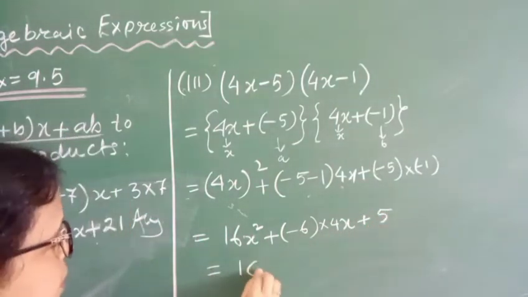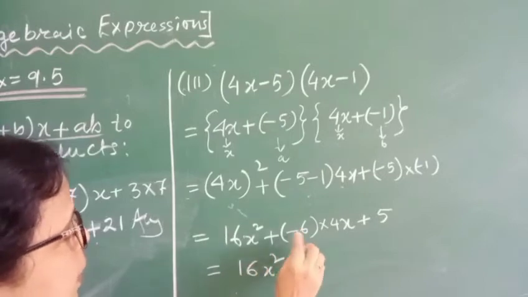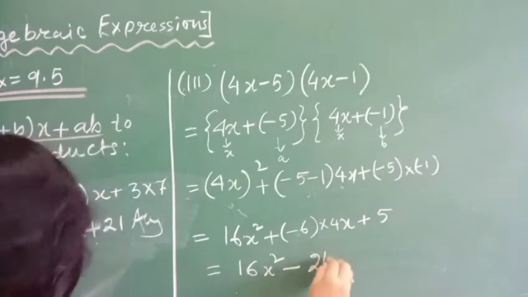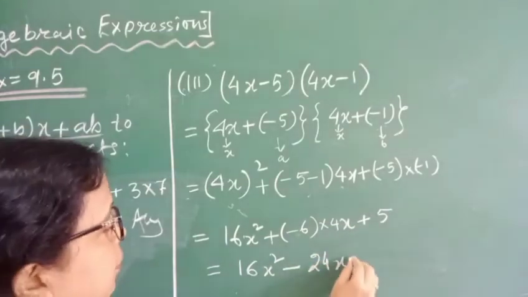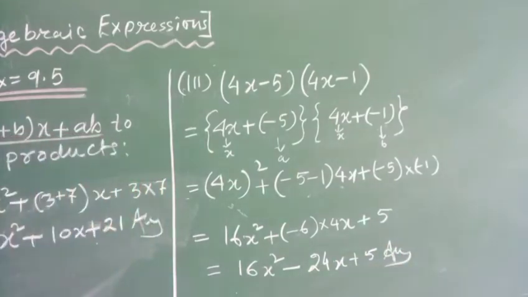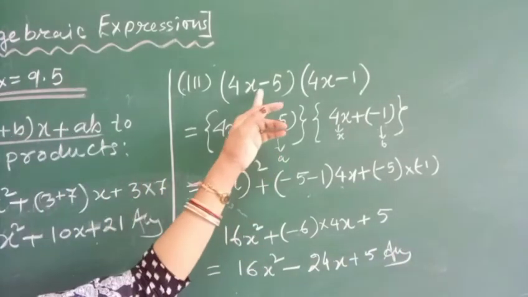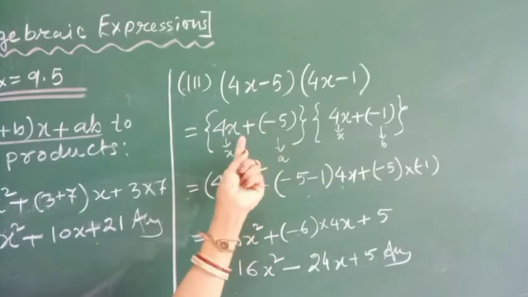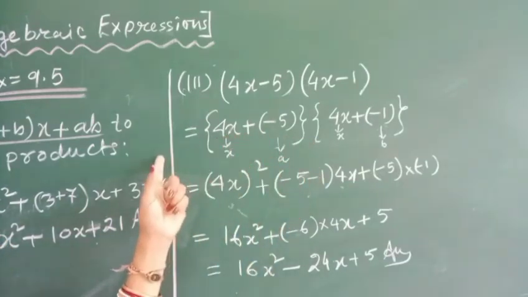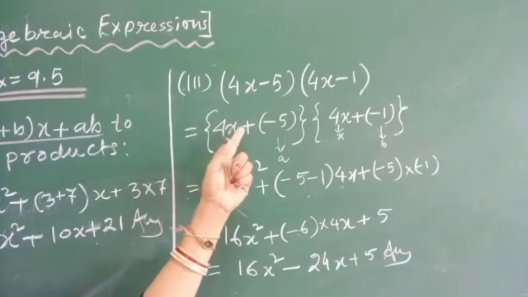Now 16x square minus 6 4s are 24x plus 5. When we are making this minus sign inside the bracket and outside it is plus, it will be very similar to our identities. To make it similar, we are doing this only.